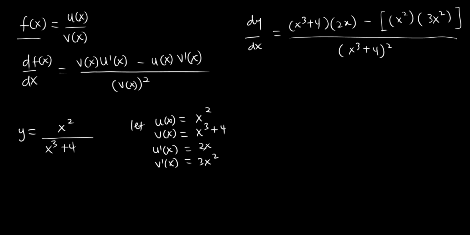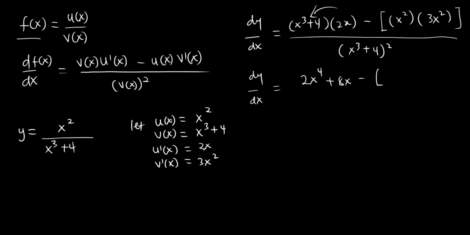So now let's do the simplification. So we're going to have dy dx equal to, so let's distribute this 2x to this other bracket. So we're going to have 2x to the power 4 plus 8x, and then we're going to have minus, then let's look at what is in the square bracket.